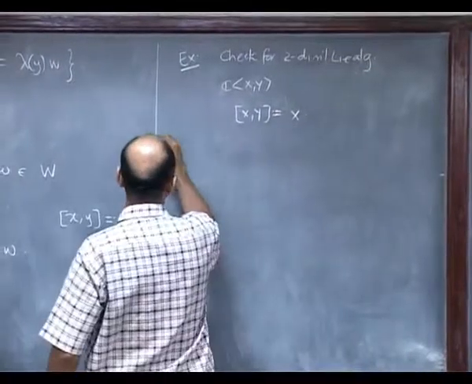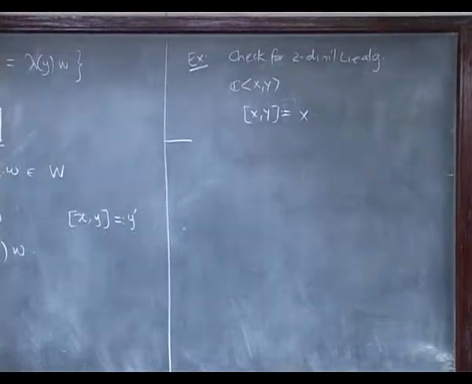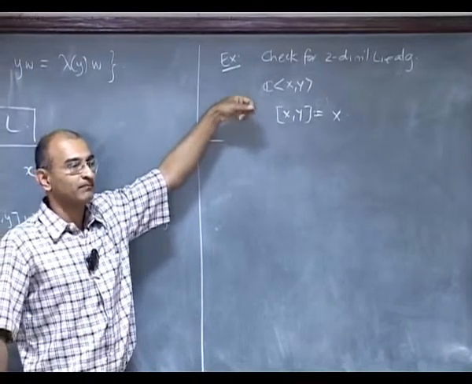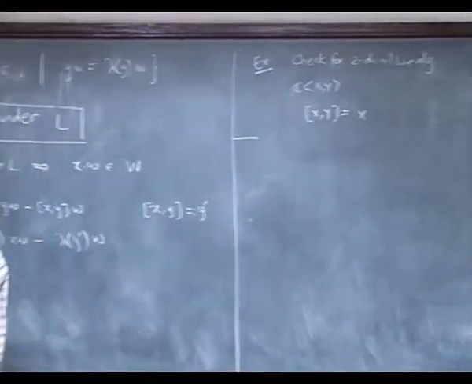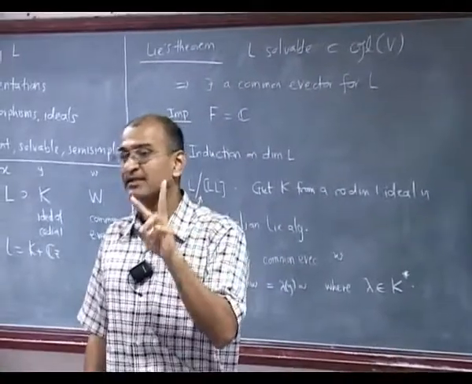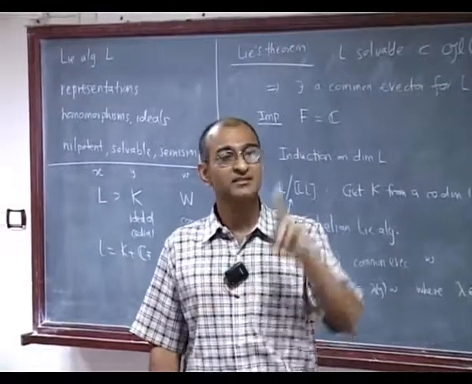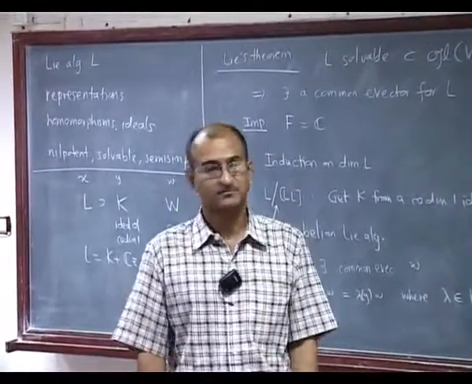So, maybe you can just spend 5 minutes trying to do this. Try to prove Lie's theorem for this. In concrete terms, this is just a linear algebra problem. There are two operators on a vector space, x and y, satisfying the condition that xy minus yx is x. Show that they have a common eigenvector.